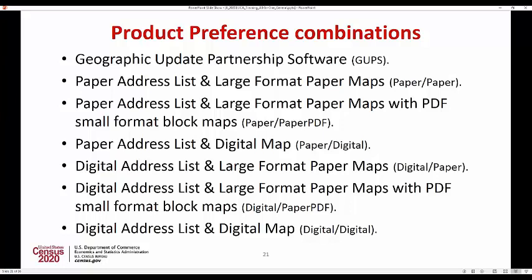We will send out GIS shape files or paper products. If you have 6,000 or fewer addresses, you can request paper.